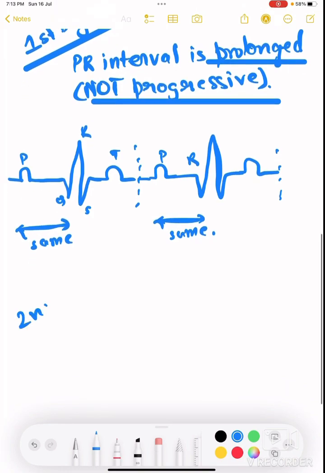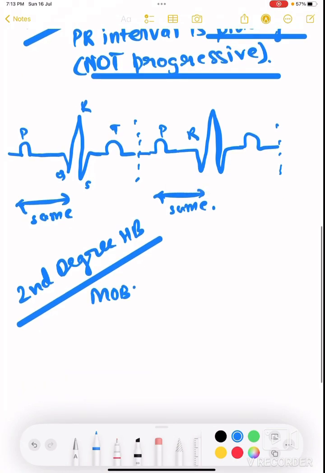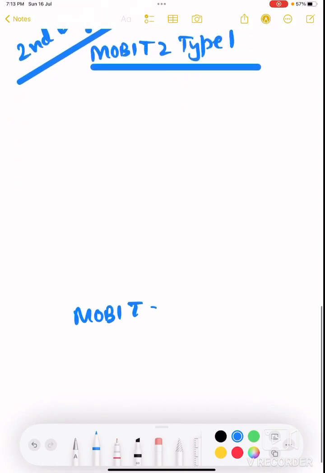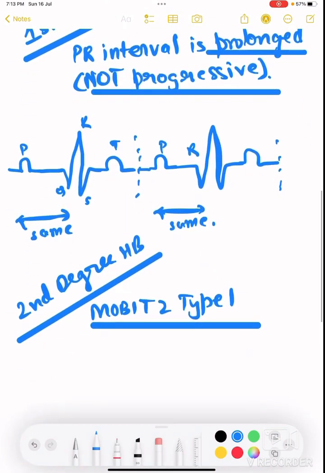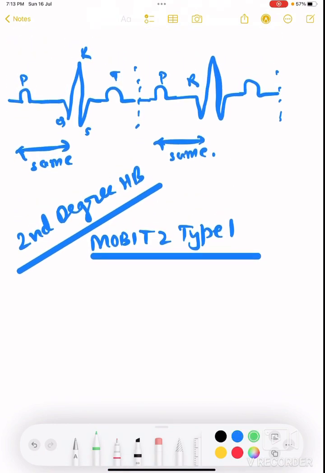Now coming to second degree heart block. In second degree heart block, what will happen? In second degree heart block, there are two types: Mobitz type 1 and Mobitz type 2, right? So what are the differences between the two? First of all, what happens in Mobitz type 1? In Mobitz type 1, PR is prolonged.